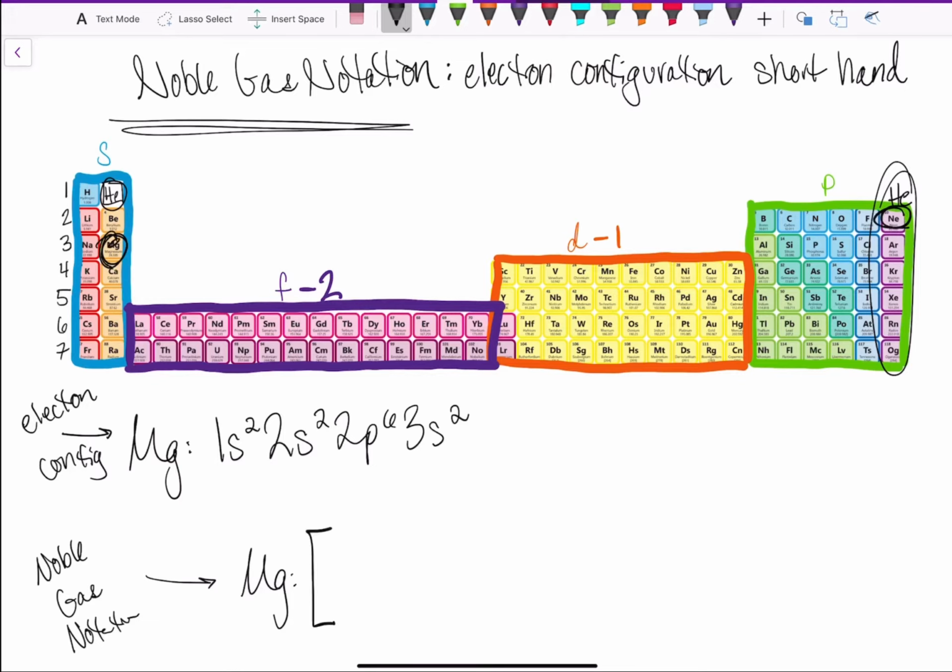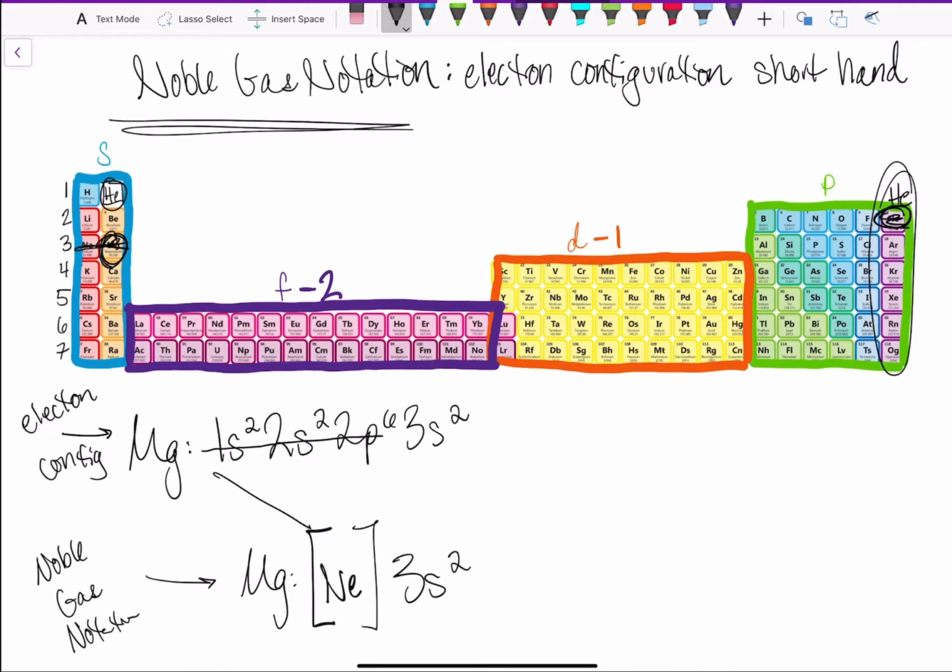So what you do, you take the noble gas and you put its name, or symbol rather, in brackets. So we've got Ne in brackets. And then you finish up the rest of the configuration. So after this, you've got 3s2. So when we write neon in brackets, that's taking the place of 1s2, 2s2, 2p6.